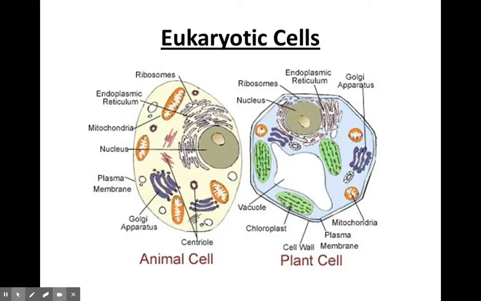So when we talk about eukaryotic cells, and we will talk about the difference between plant and animal cells a little later, but look how complex these are in comparison to a prokaryotic cell. So notice, once again, this barrier is a plasma membrane, right? Now, a plant cell has a cell wall, but this inner membrane right here, that's a plasma membrane, just like this is.